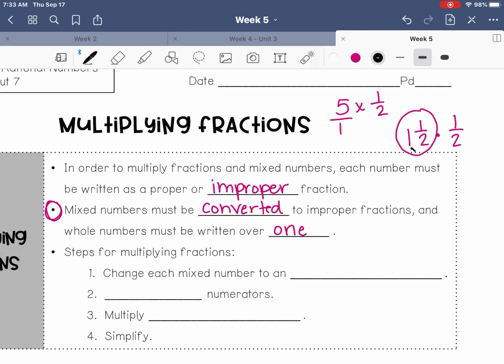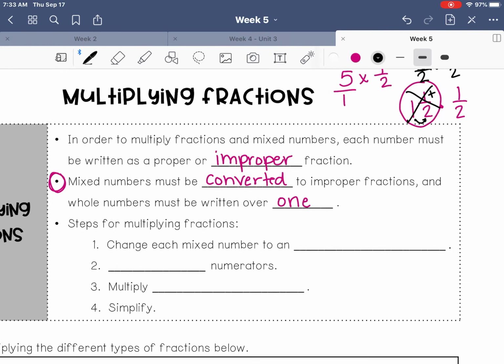You multiply the whole number, the 1, times the denominator, and then you add the numerator. So 1 times 2 is 2, 2 plus 1 is 3. 1 1/2 is also equal to 3/2. Now you can multiply. You cannot multiply it like this. You have to change it to improper. It's not going to work any other way, okay?